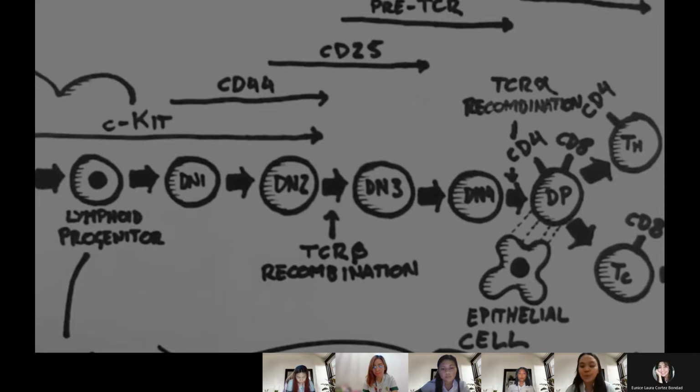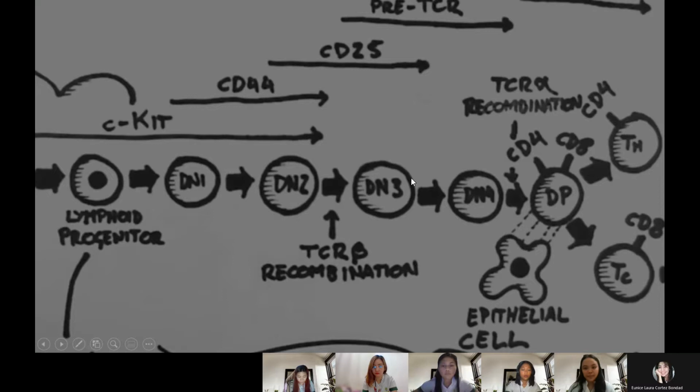So yun, all of these markers naman, they have their own function na ginagampanan. It's just that in this situation, the markers are simply for the classification of this cell kung nasa anong stage na sila.